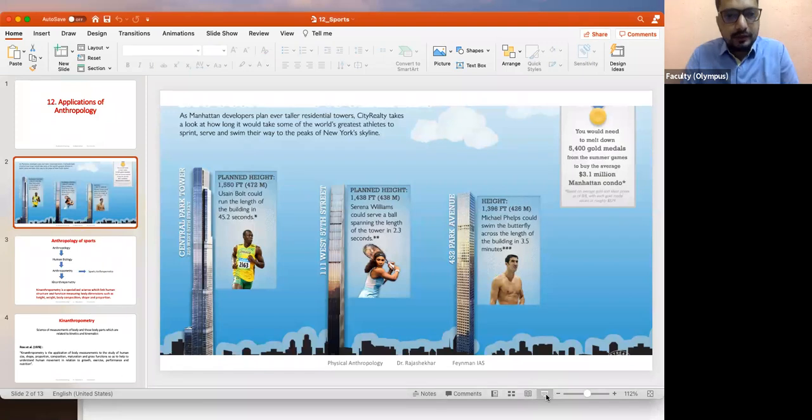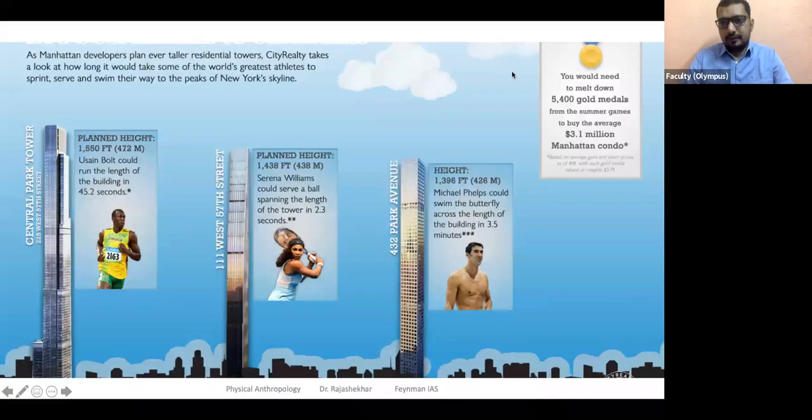I'd like to begin with a simple observation. In Manhattan, developers plan ever taller residential towers. How long would it actually take some of the world's greatest athletes to sprint up there? This is at Central Park Tower in Manhattan, USA. People are actually focusing on building these types of towers. This is a simple idea.